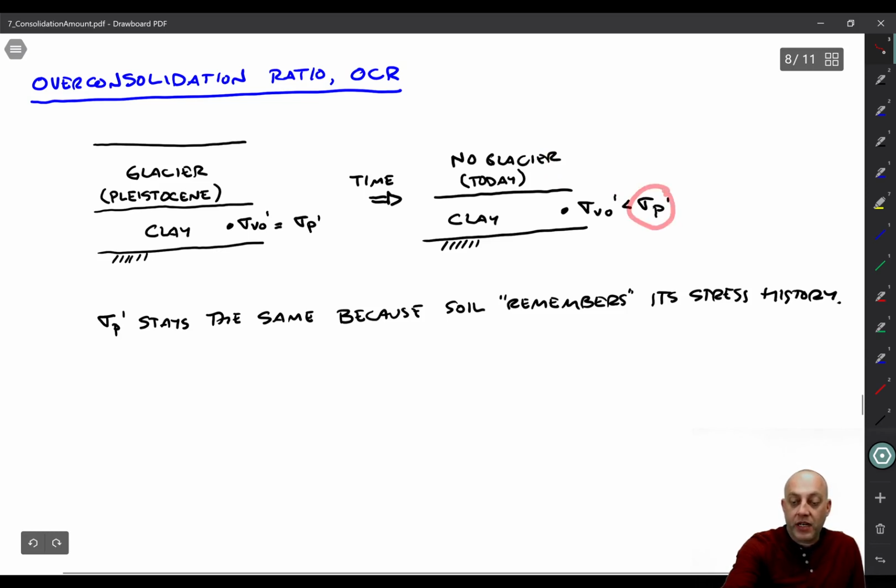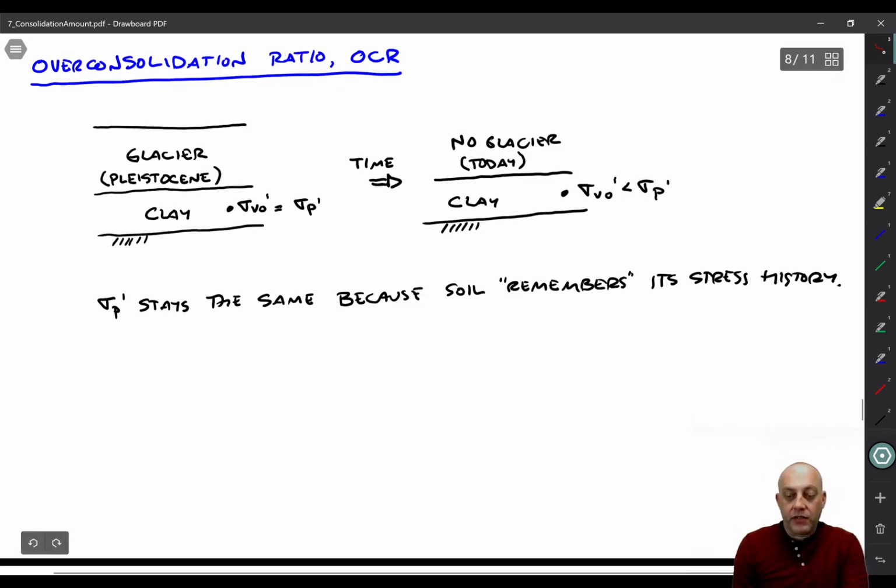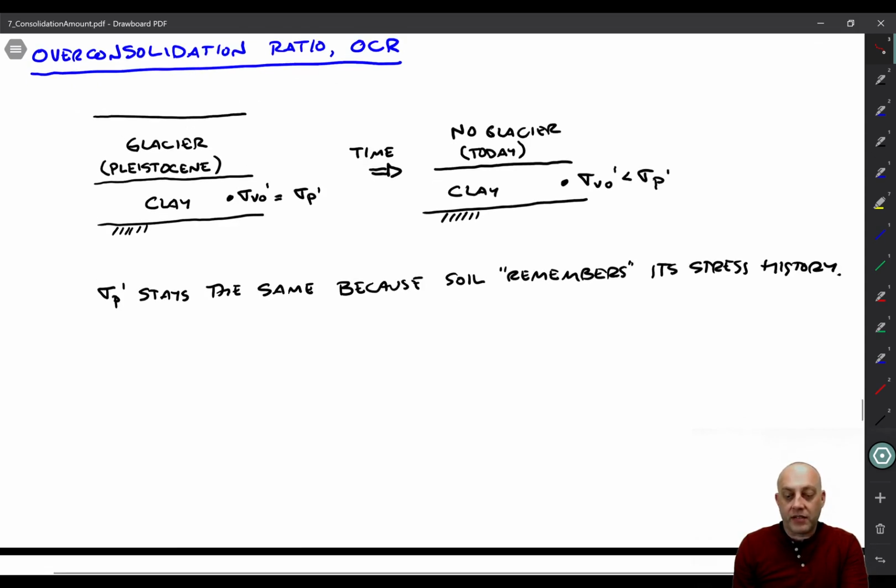But sigma p prime remains big. It stays the same as this sigma p prime because the clay has a memory. It remembers its stress history. It still knows that that glacier was there, and its void ratio is pretty low. It's very highly consolidated. So we would say that this soil is overconsolidated because its current vertical effective stress is smaller than the maximum past pressure.